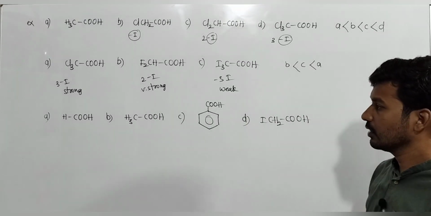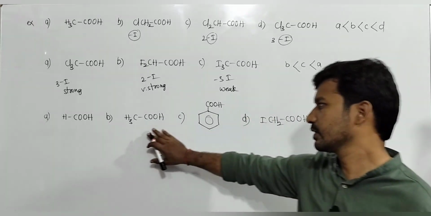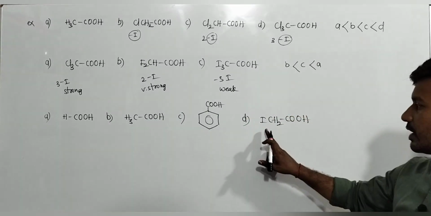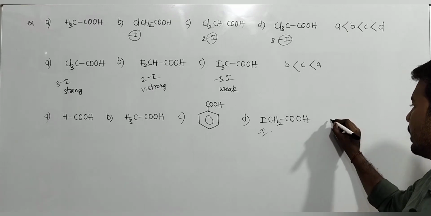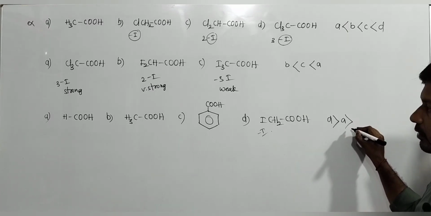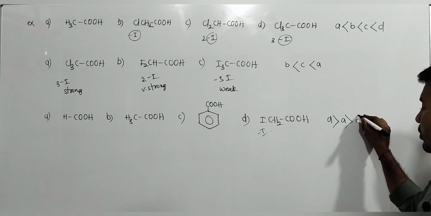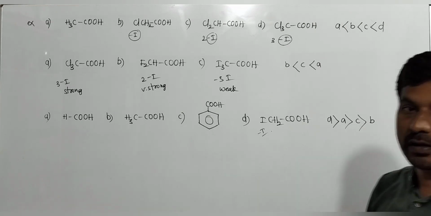Between these three, formic acid is a stronger acid than benzoic acid, which is stronger than acetic acid, but here some minus I group is there. That's why D is stronger than A, A is stronger than C, C is stronger than, next what? B. This is the order.